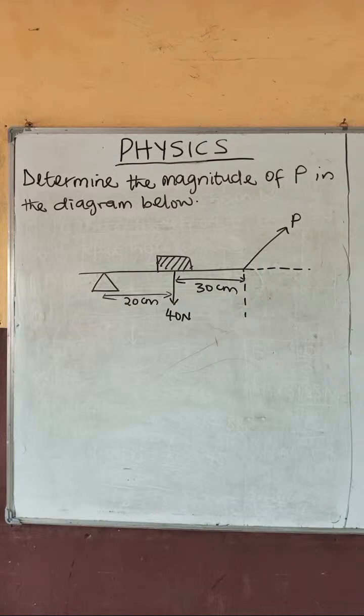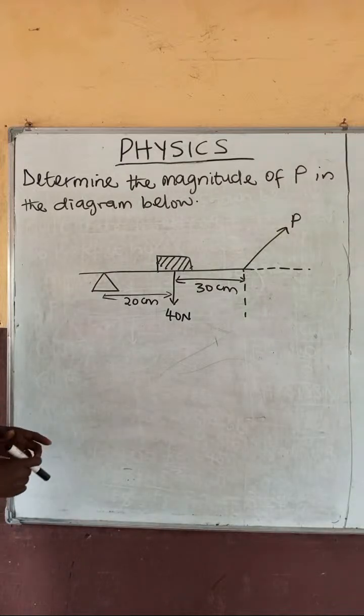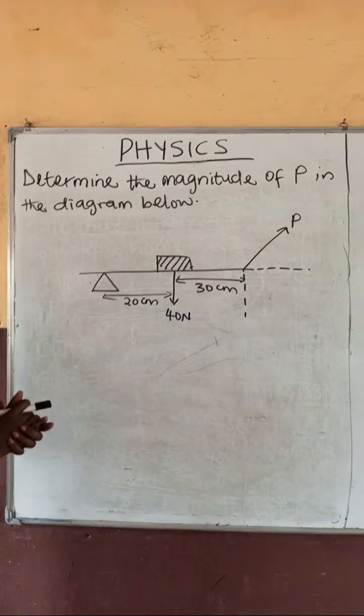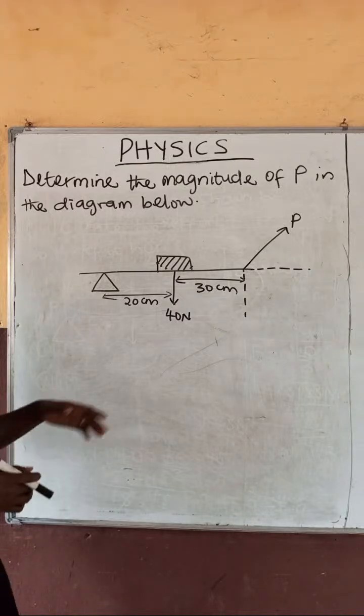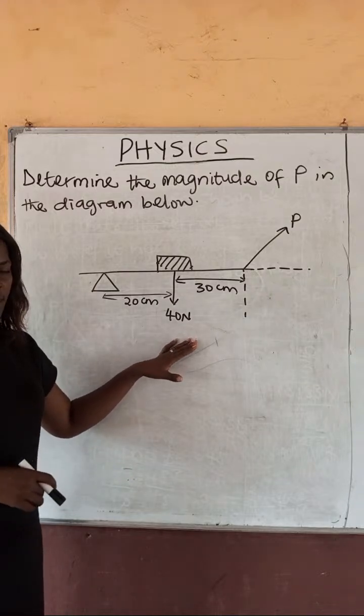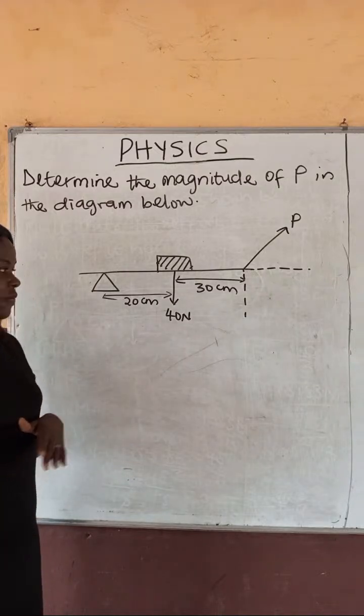All right, so let's solve together. The question says, determine the magnitude of P in the diagram below. How do we get the magnitude of P? This is like the previous one we saw.